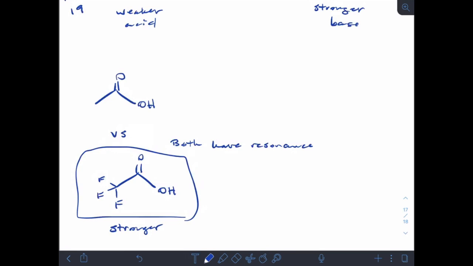Okay, why? Because all of these fluorines are pulling all of the electrons in their direction. Okay, I've got 3 fluorines, which is the most electronegative element on the table. So the extra electronegativity pulls the electrons toward the fluorine.